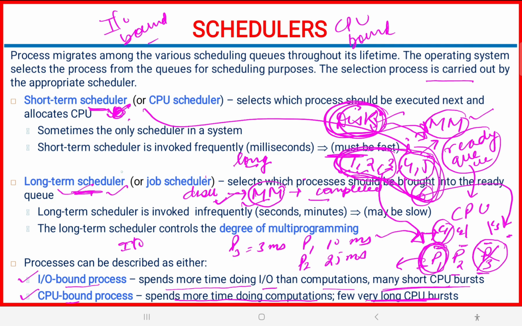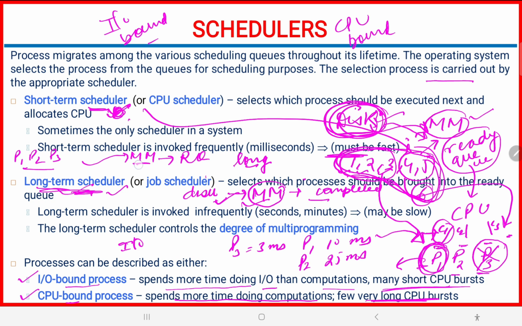What I'm trying to say is, as I've told you earlier, that it is the long-term scheduler who shifts the processes onto the ready queue. Let's assume a case that the long-term scheduler has chosen processes P1, P2 and P3, and it shifts these processes onto the ready queue.